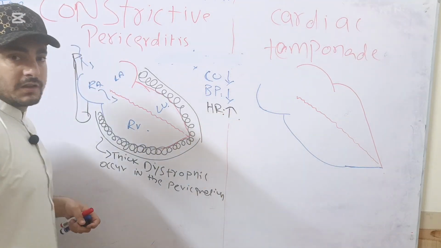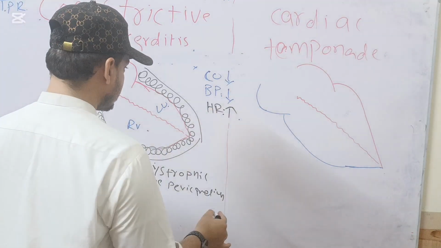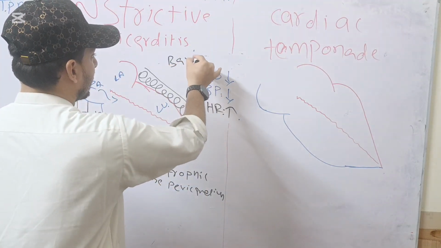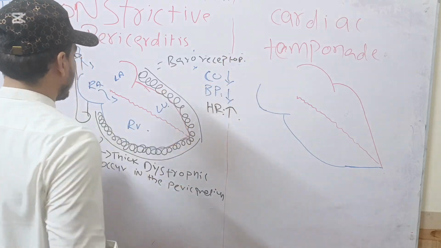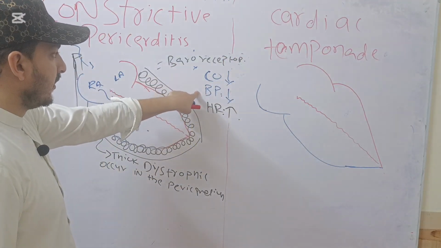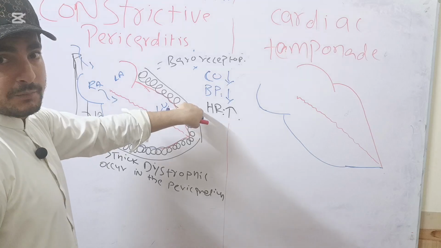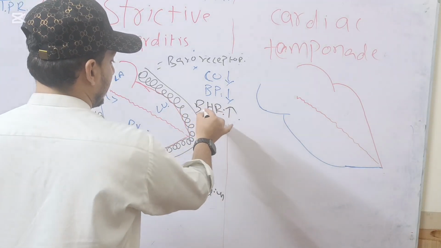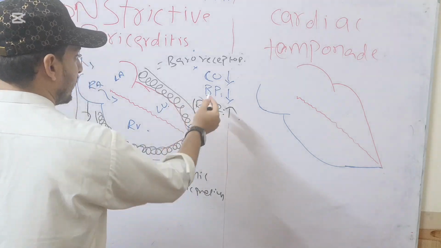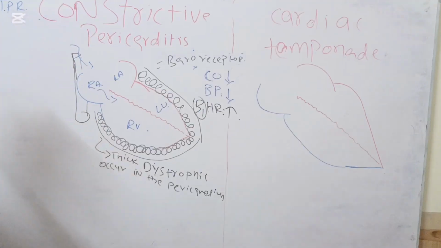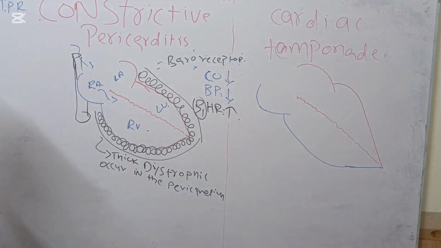The heart rate is going to be increased. Why? Because the baroreceptors sense that the cardiac output and BP have decreased, so they send sympathetic fibers that act on beta 1 receptors to increase the heart rate and BP. So we find that heart rate is increased.